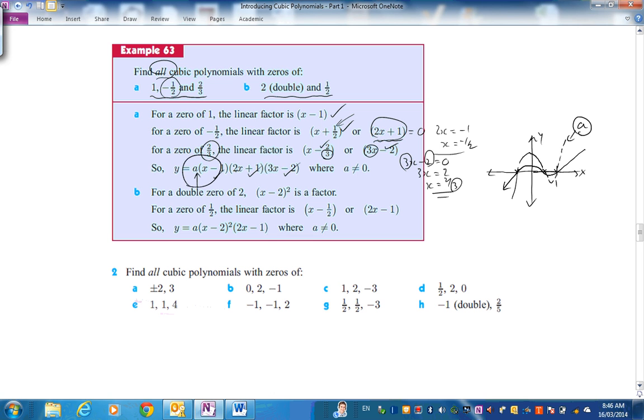Come over here, the number in front there, it's going to be steeper. So we've got to remember there's a whole family all having these same zeros or x-intercepts. So we put that in front to represent a whole family, and then we say A is not equal to 0, because no function would exist if it's 0 times those brackets. It's just y equals 0. So we made that specification.